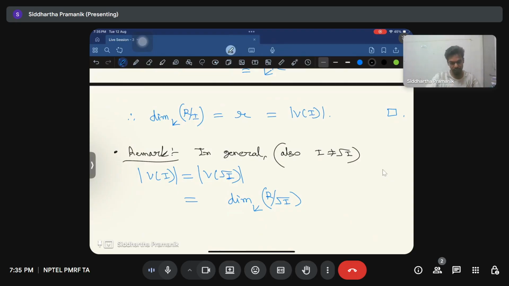And also one side can be proved, that this dimension is less than or equal to the dimension of R mod I over K. But this requires a proof which is not trivial, though not difficult either, so let's just put this as some information.